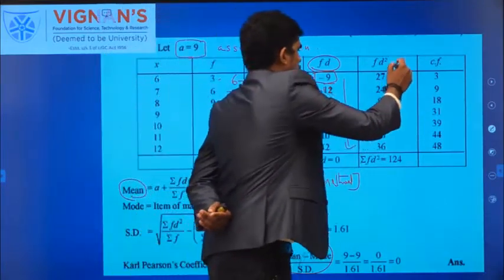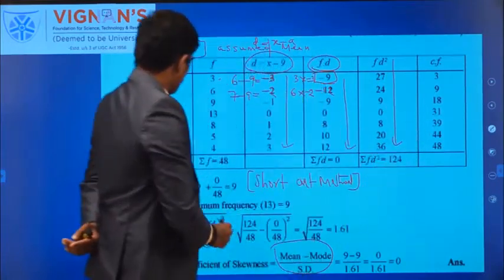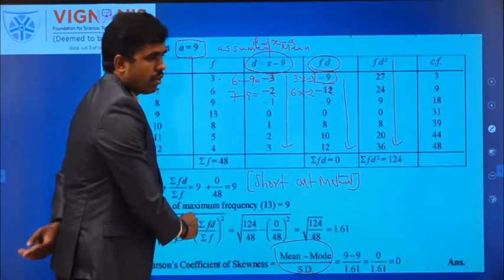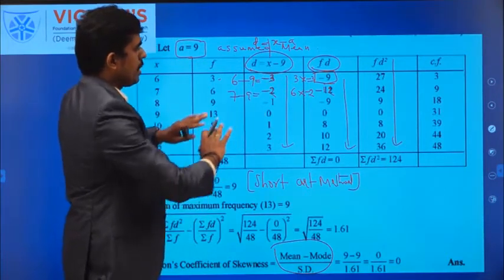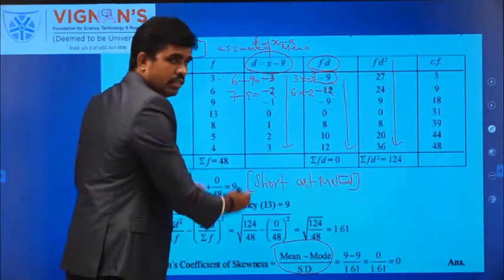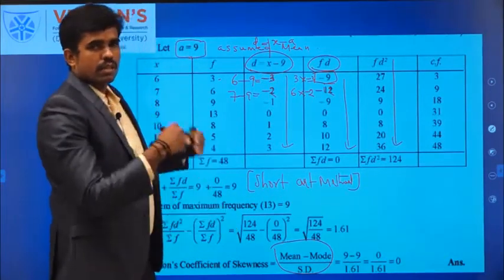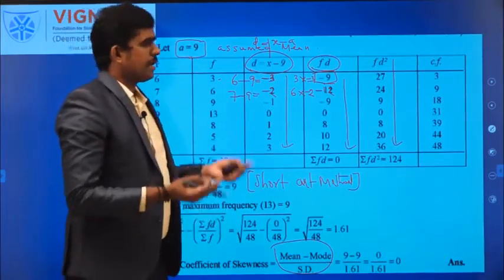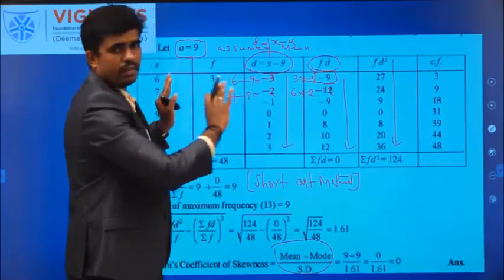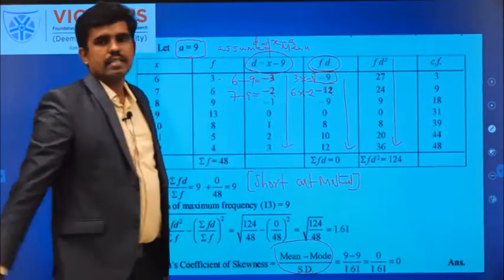We need fd square to find the standard deviation. So within a table you find all the requirements. Then you can substitute in each and every formula. Don't form another table to find standard deviation. You find whatever you need in a single table.